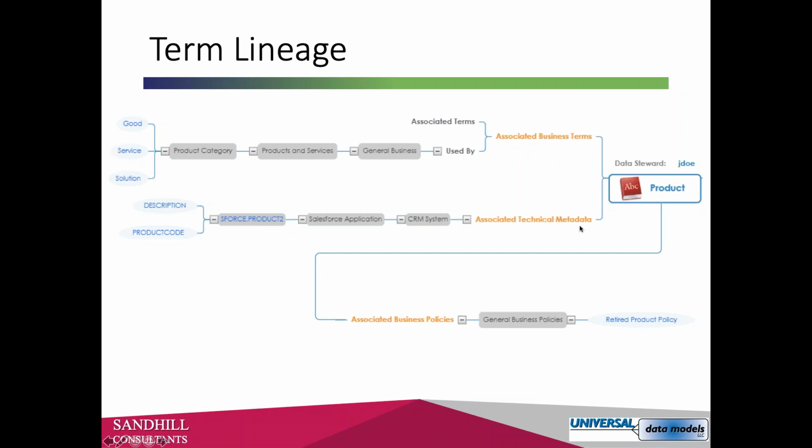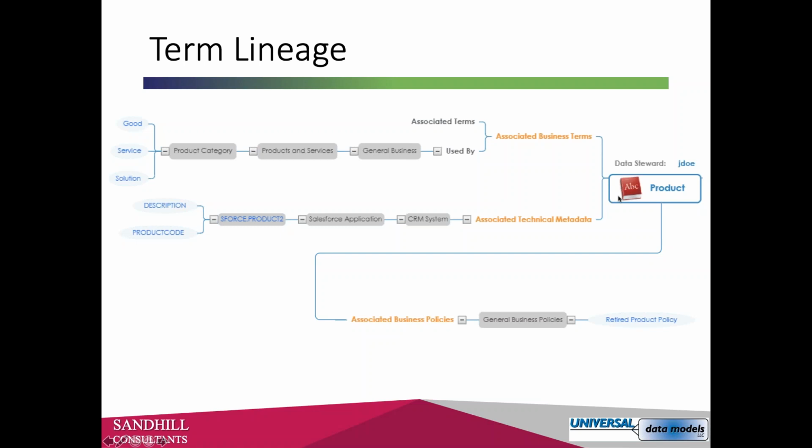Now the other branch down here, associated technical metadata, tells us where can we find that information in our world? Well, it's in the CRM system, in the Salesforce application, in the table called product 2, and there you can find a description of the product as well as the code name for the product. So that gives me the lineage so that I can span across my data dictionary as well as my business glossary.